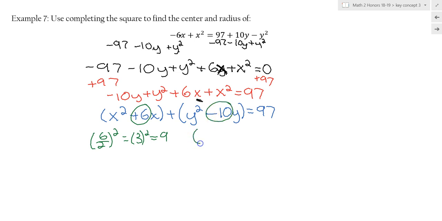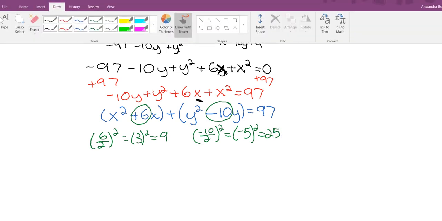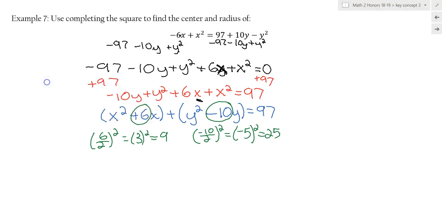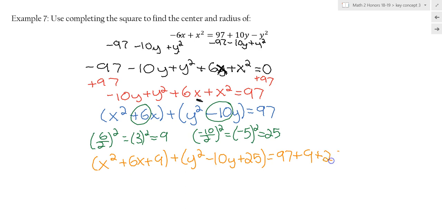Here I have a negative 10, so negative 10 divided by 2 squared equals negative 5 squared, which equals 25. Now we're going to add these in so that we have perfect square trinomials. Equals 97 plus 9 plus 25.